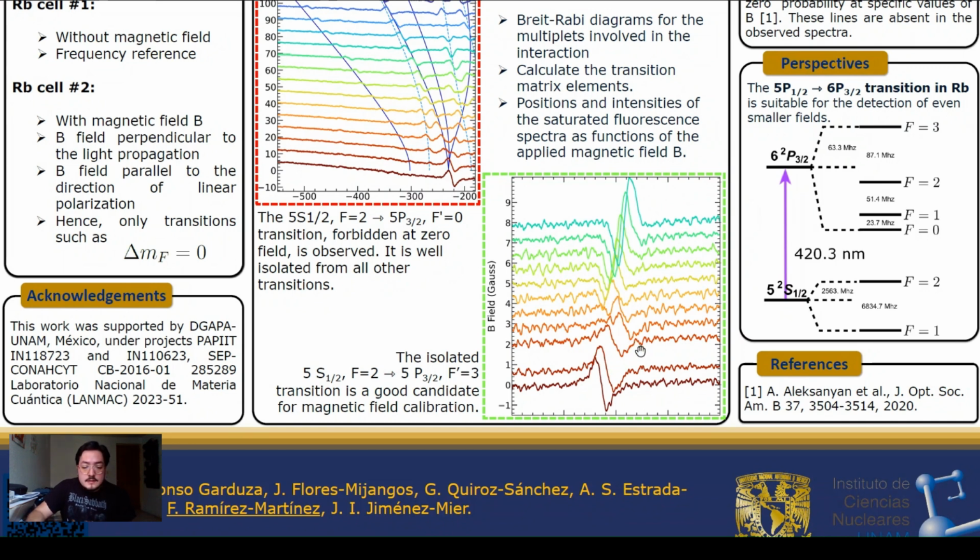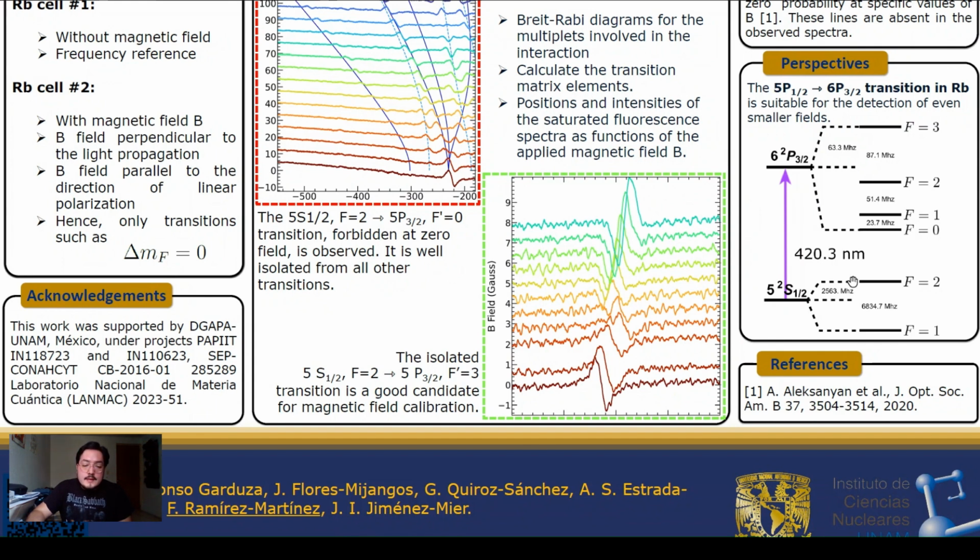Our results indicate that small magnetic fields below 5 Gauss produce a clear change in the slope of this dispersion profile, shown here. We are convinced that these results show that saturated fluorescence spectroscopy in atomic rubidium is a very useful magnetometry tool.